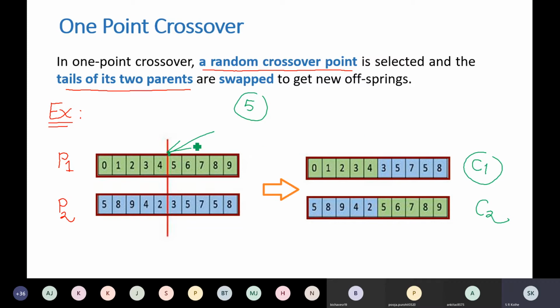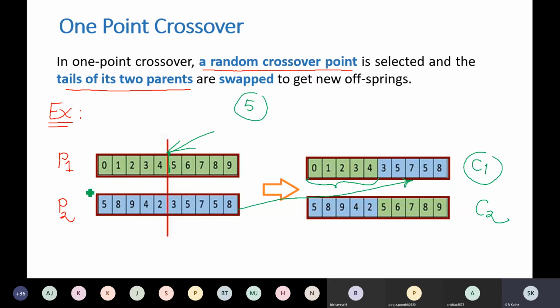So the crossover point selected is the fifth digit. So this is the crossover point. We will keep the first 5 digits as they are, so 0, 1, 2, 3 and 4. This part of the chromosome will be kept as it is. And the tails of the parent chromosomes are swapped. So the tail of P2 will attach with the first part of C1, placed out here.